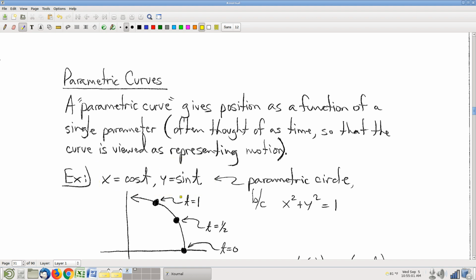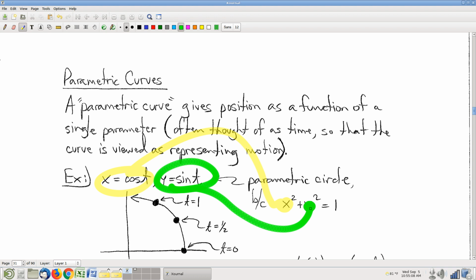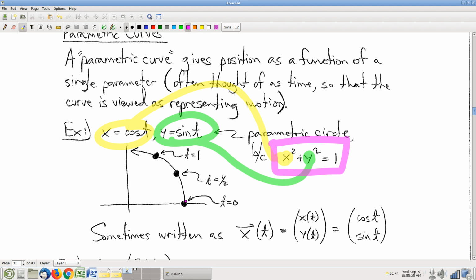Well, I think I can persuade you that x squared plus y squared is always 1. Right? Trig identity, everybody remembers that one. So that means that every point that comes out of this parameterization satisfies that equation, which of course you remember from Algebra 2 class is a circle.